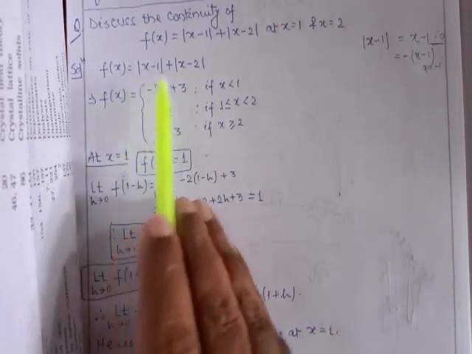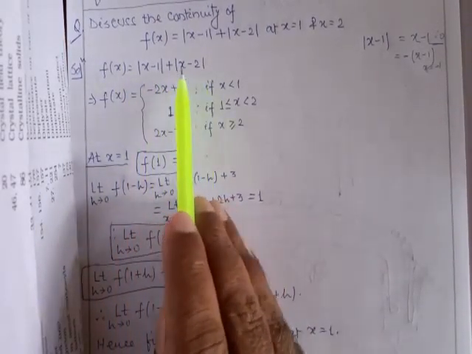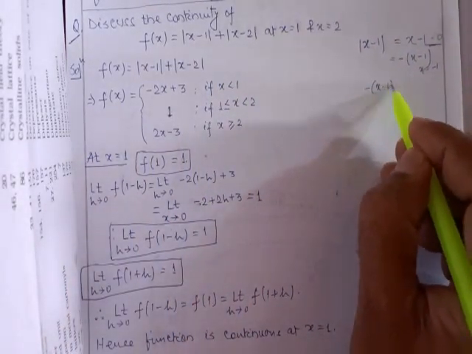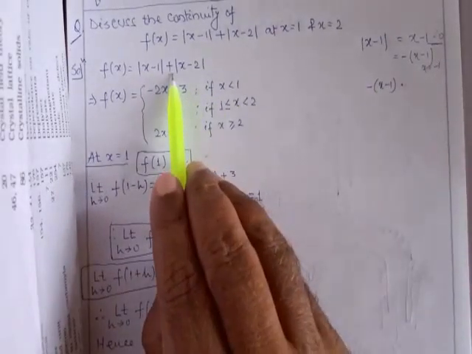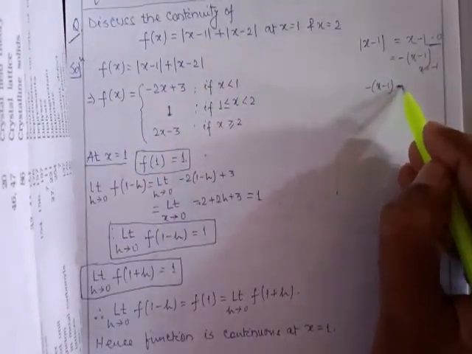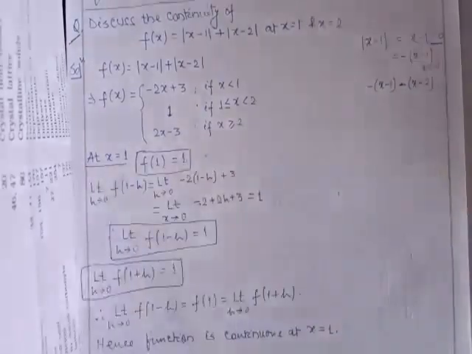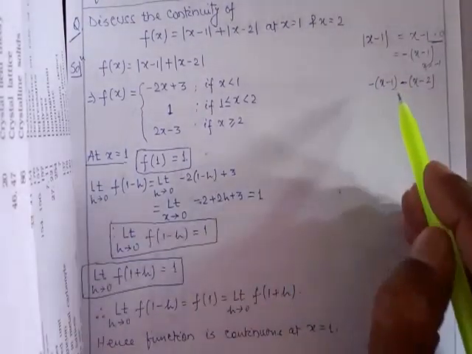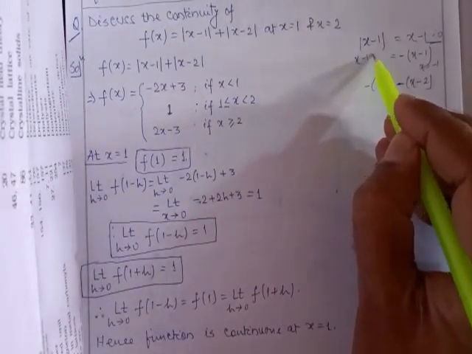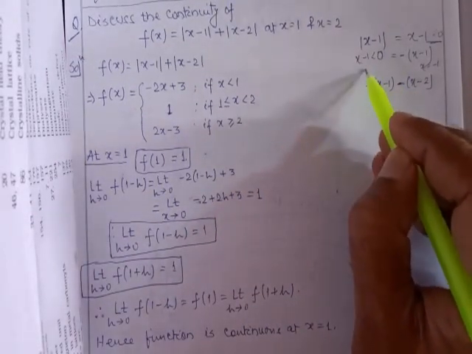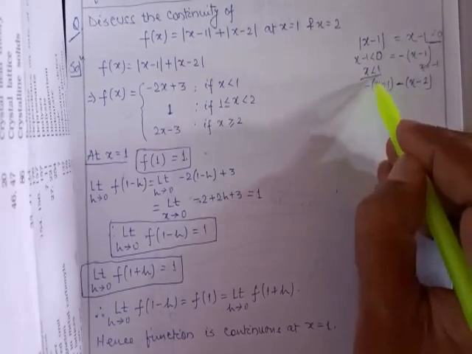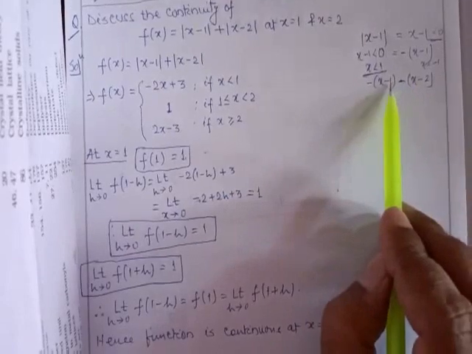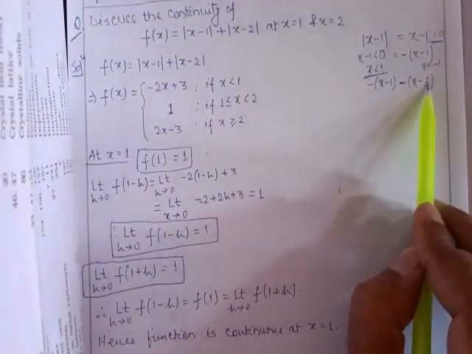Both will be −(x − 1) and −(x − 2). So −(x − 1) − (x − 2) when x − 1 is less than 0, means when x is less than 1, becomes −2x + 3. So −2x + 3 when x is less than 1.